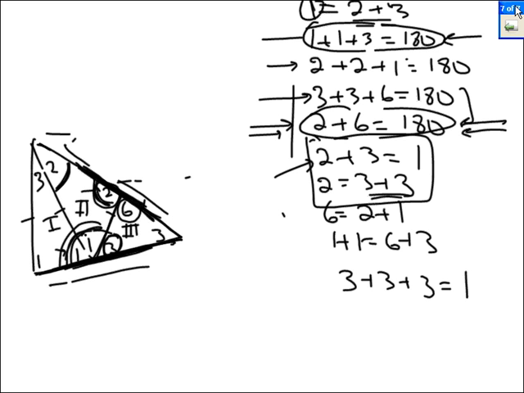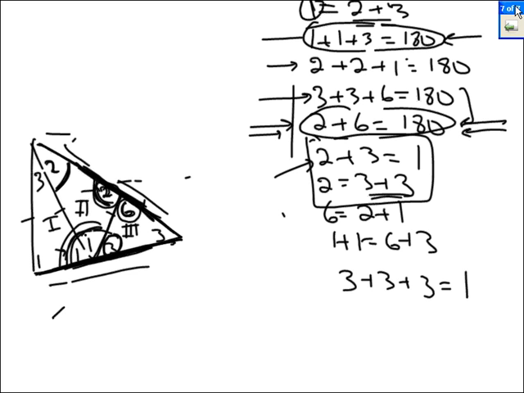Okay, well, what that tells me is that we trisected the angle. It's angle 3 plus angle 3 plus angle 3 is angle 1.